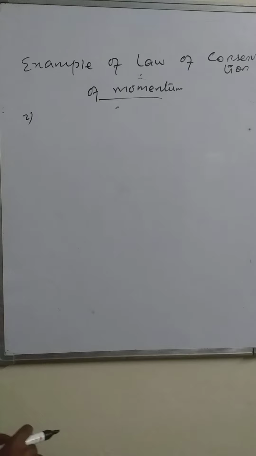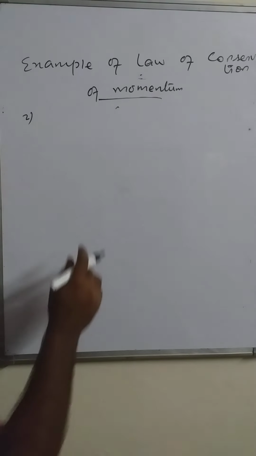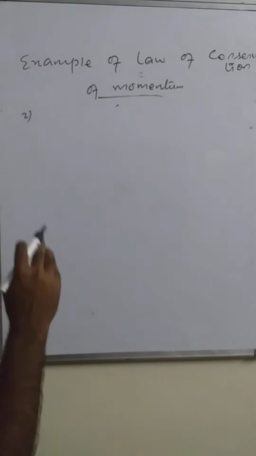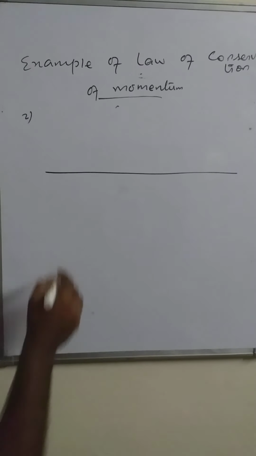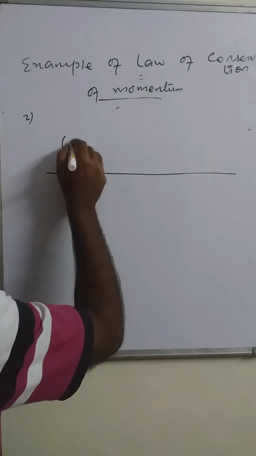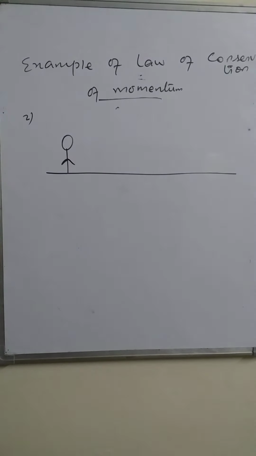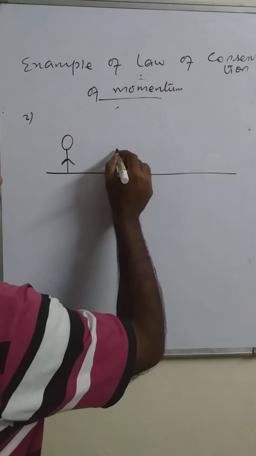Suppose we have two objects, or we can take the example of a man and a trolley. This is the surface, right? On the surface, a man is standing and a trolley is placed.